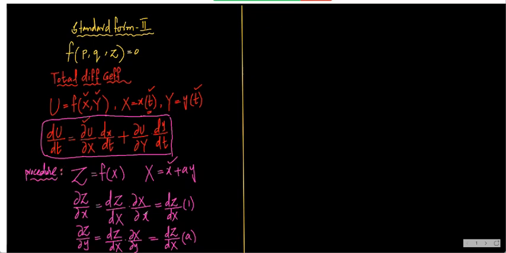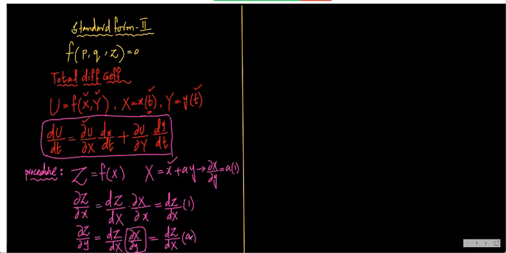In the last step, dou z by dou y is equal to dz by dX. Why did we get dX as it is? This one is what? We are differentiating capital X with respect to small y. Can you tell me here what is the answer of this? If you differentiate this with respect to small y, what is the answer? a only, no? y becomes 1, so a only is left out.